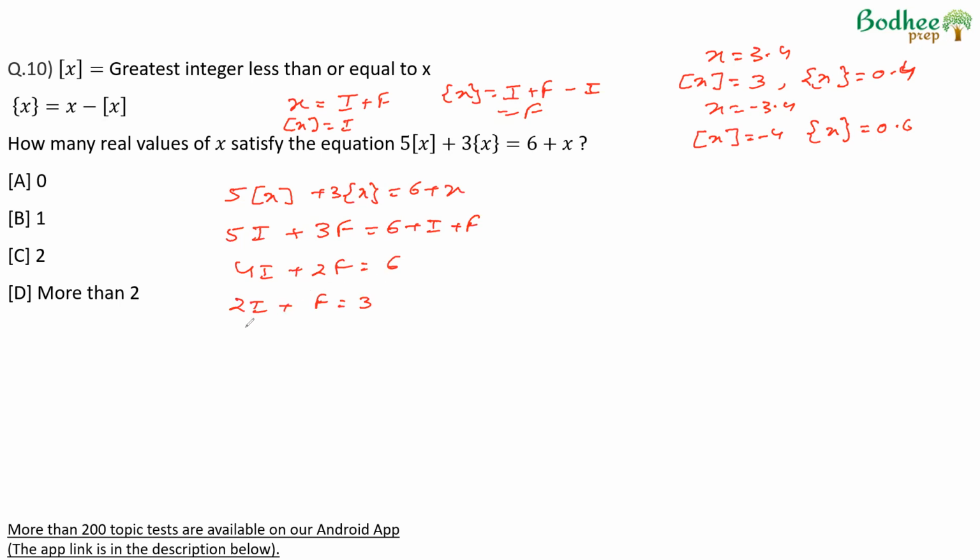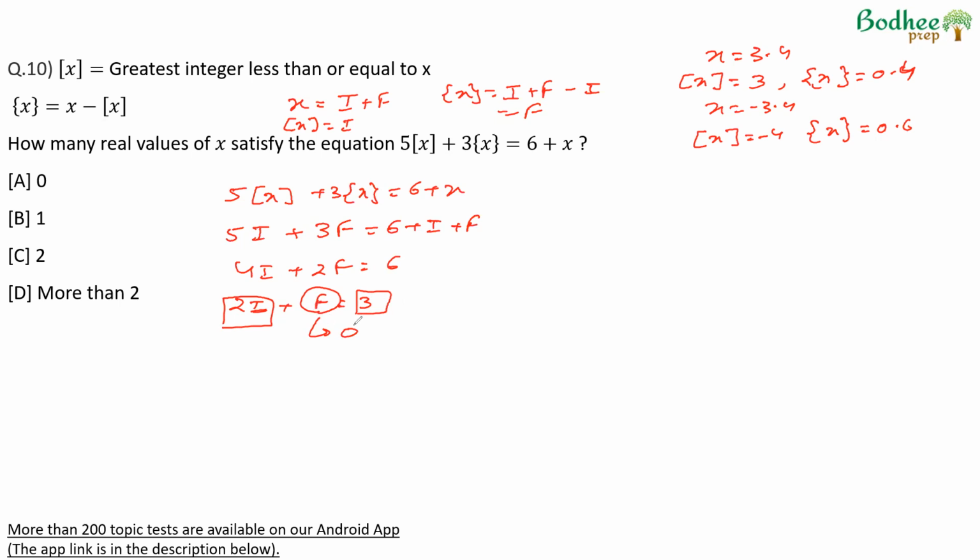Now, clearly, this is an integer, and this is an integer. Therefore, the only possibility is when f is an integer, which will be 0. Otherwise, if you have any other value for f, the equation will not be satisfied.